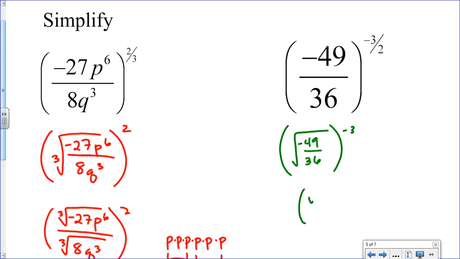So I'm doing the square root of negative 49 over the square root of 36. What is the square root of negative 49? No.